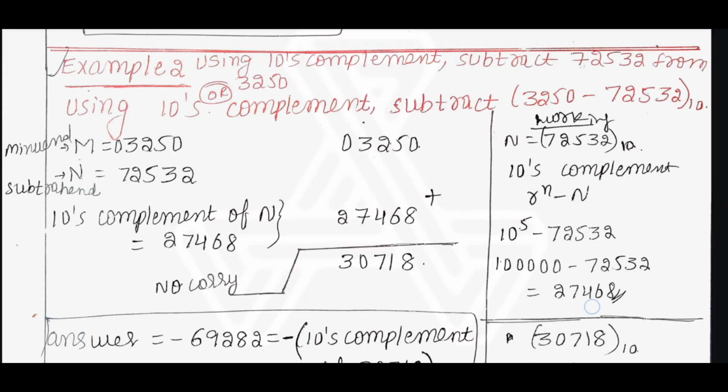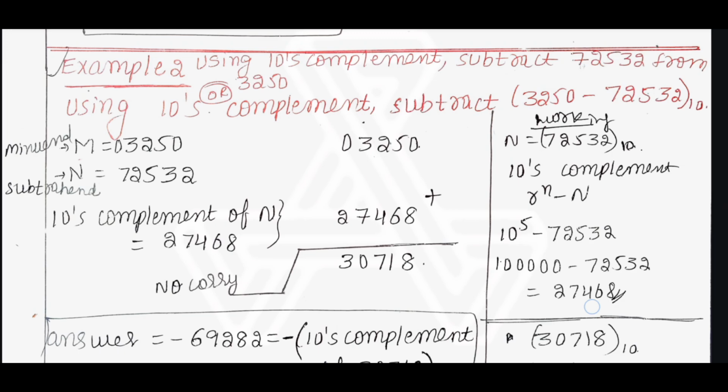From this, the minuend is given as 03250 minus 72532. Here we take the tens complement of n.